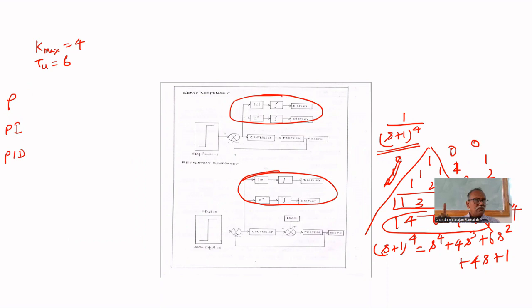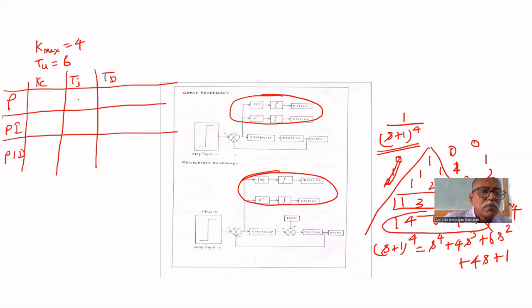Sundaramurthy sir is on leave, so I am going to continue. So we have to find P: 0.5 times K max, 2. For PI, 0.45 times K max. What is that? 0.45 times K max is 1.8, I think.